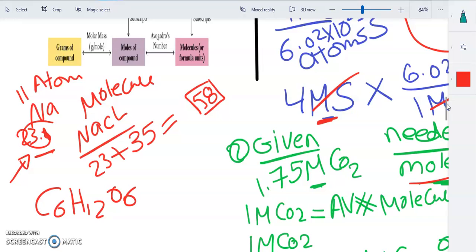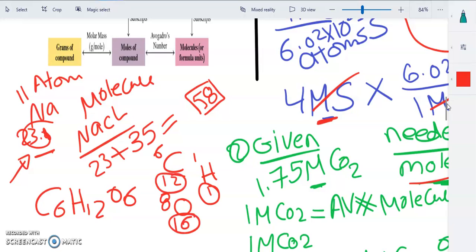C6H12O6. Basically what you're going to do: carbon is 12, H is 1, and oxygen is 16. So you can see these numbers here. You will apply the subscript for each one.